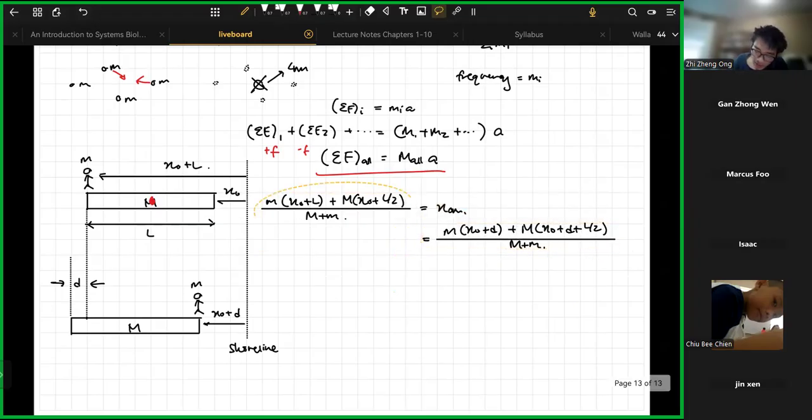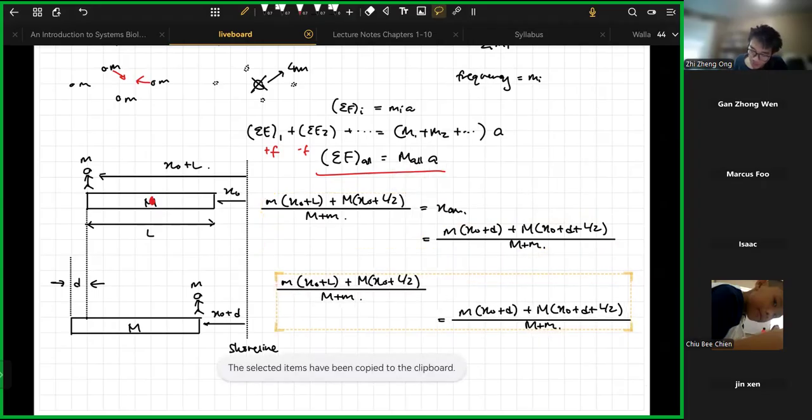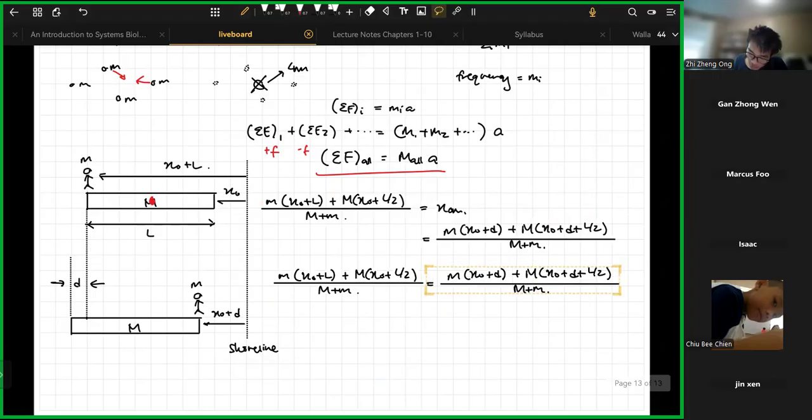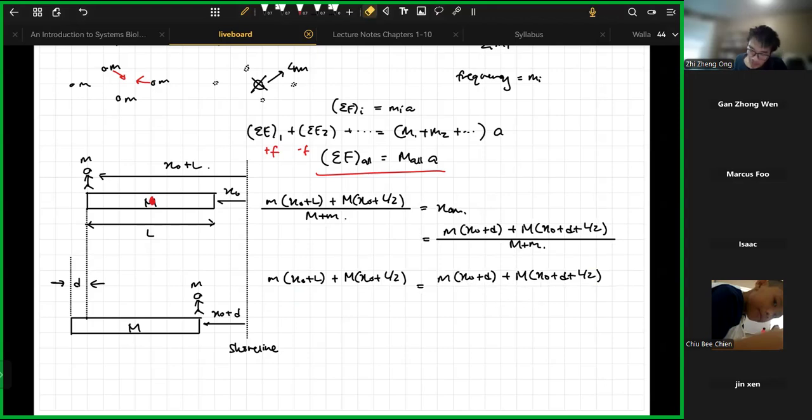Anyways, now it's just algebra. I can cancel both sides. There's a big M times x naught plus L over 2 on both sides. This goes away.